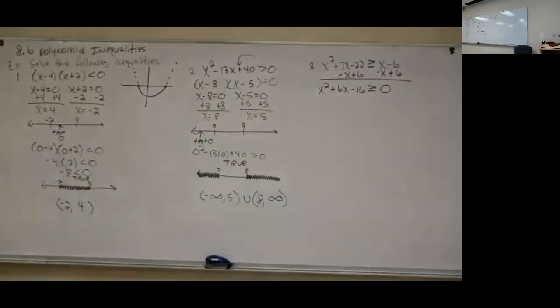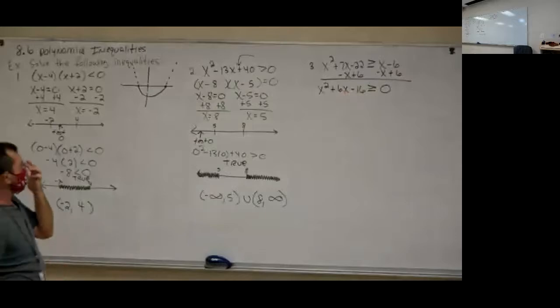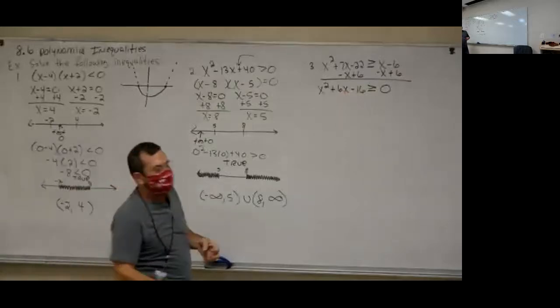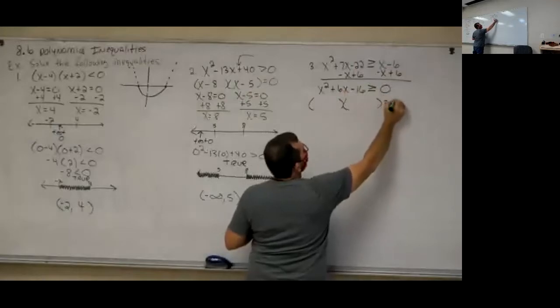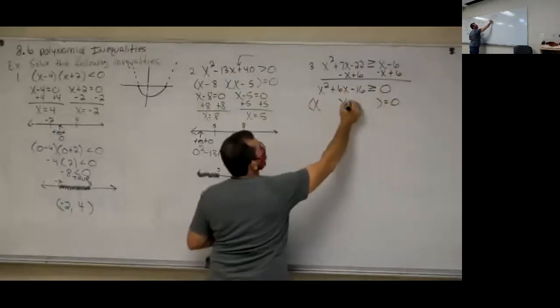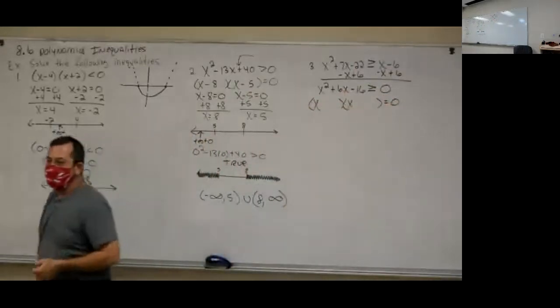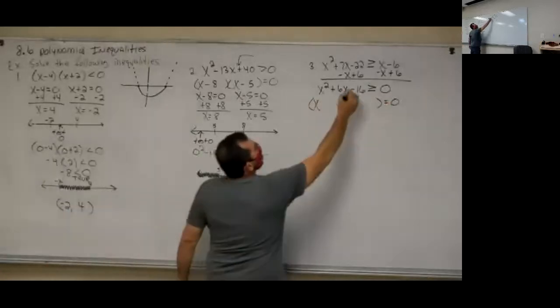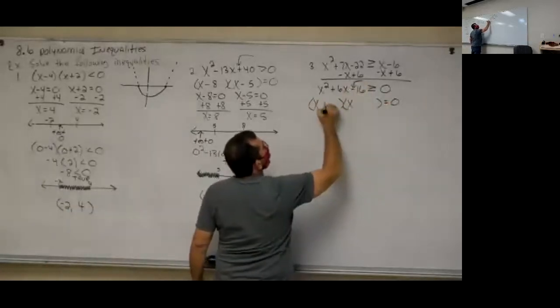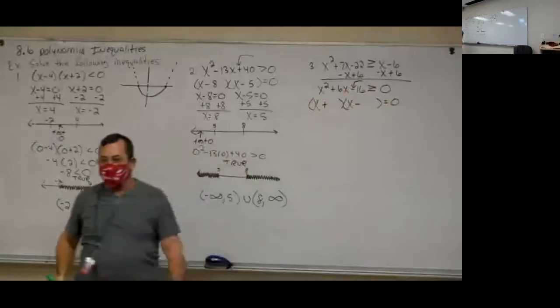At that point, when everything's on one side, you can hit it with the quad. Oh, I think this one won't be too bad to factor, so here we go. And I'll just set them equal to 0. So I got x and an x. This time my last number is negative. Anytime the last number is negative, you got unlike signs on them factors.